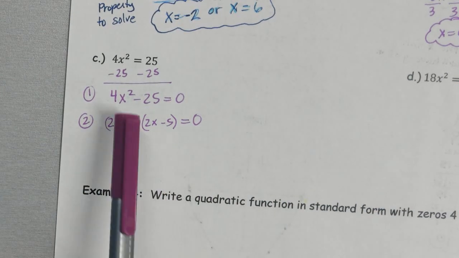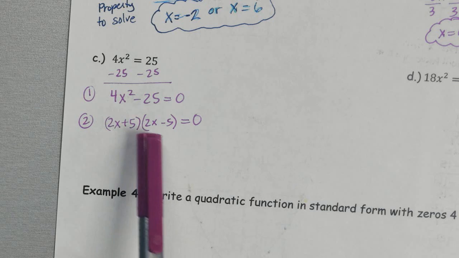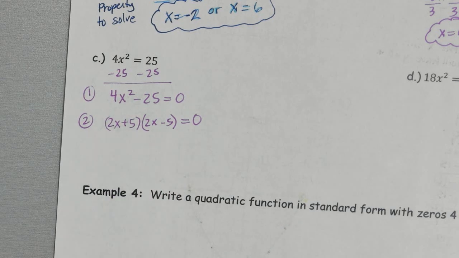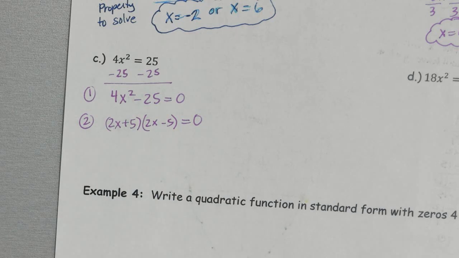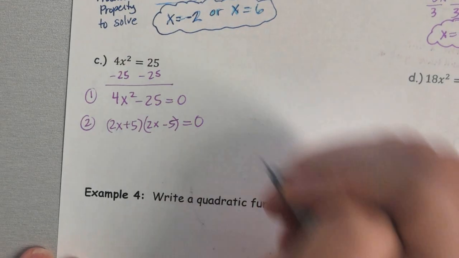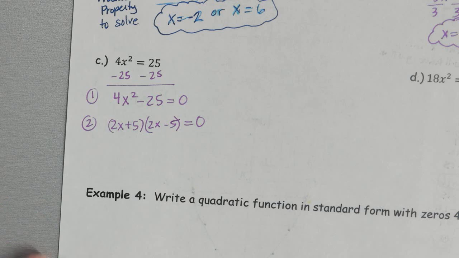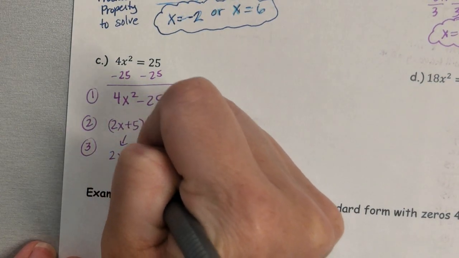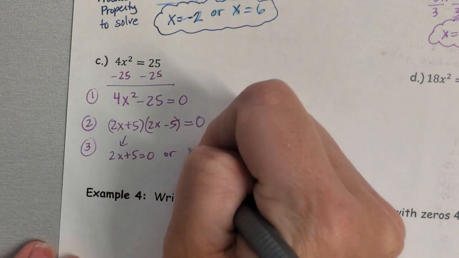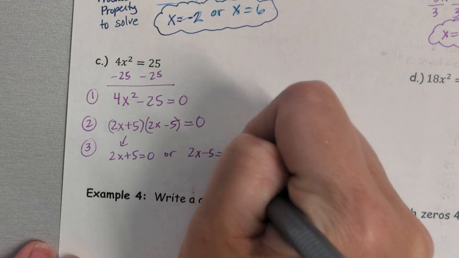Okay, so 2x times 2x is 4x squared. This would be 10x and then negative 10x, which will make 0. And then 5 times negative 5 is negative 25. So, yep, this is the difference of two squares. Okay, and then for step 3, 2x plus 5 equals 0, or 2x minus 5 equals 0.